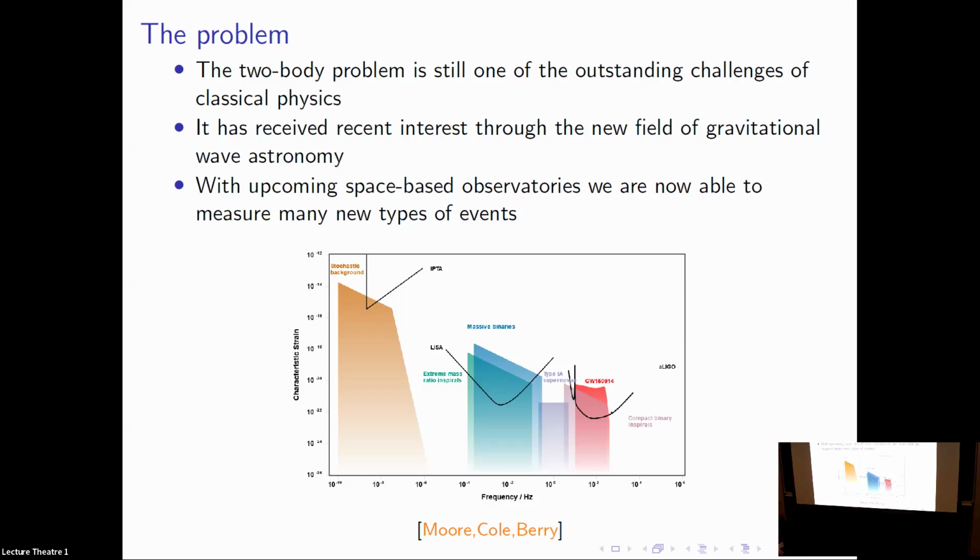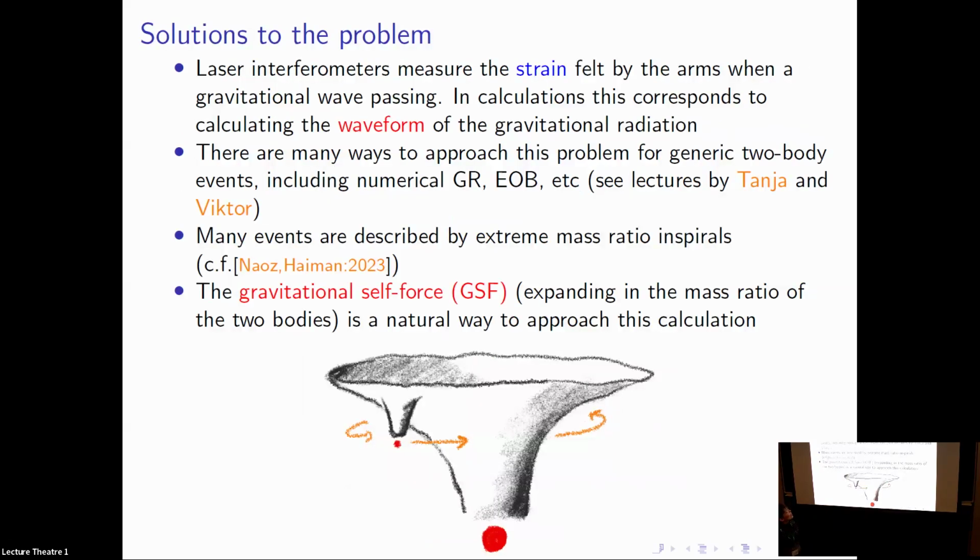Okay. And I think Victor already talked about some of this yesterday as well. In order to measure these, we also need some results to compare against. If you're talking about laser interferometers, we have to measure the strain felt by the arms as the gravitational wave passes in space.